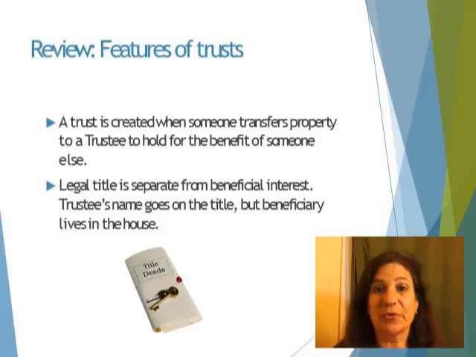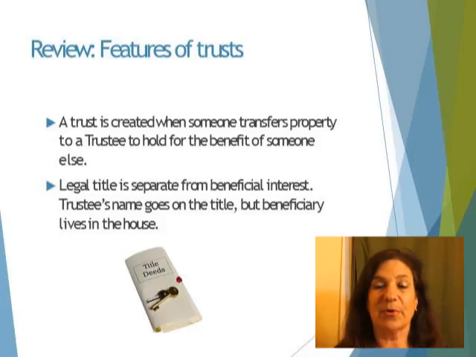A trust is created when someone transfers property to a trustee to hold for the benefit of someone else. And that means that legal title is separate from beneficial interest. The trustee's name goes on the title, but the beneficiary lives in the house if that's what the trust owns. This is critical.